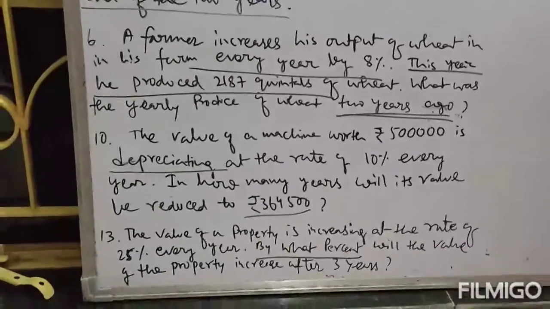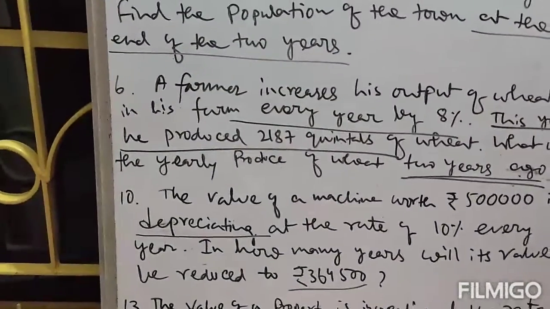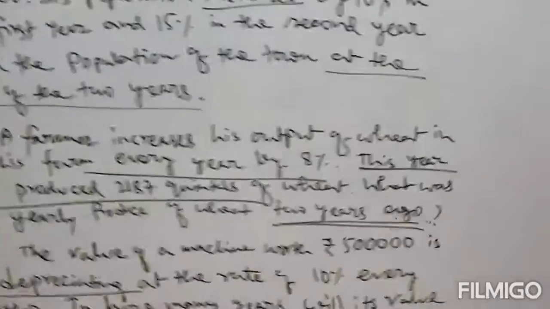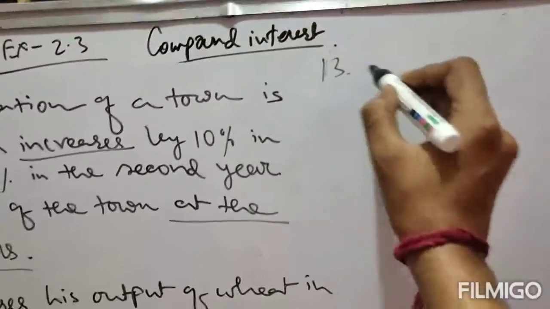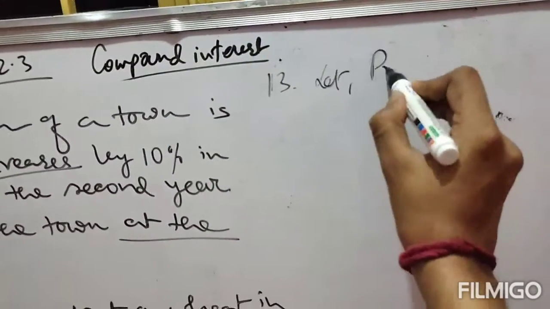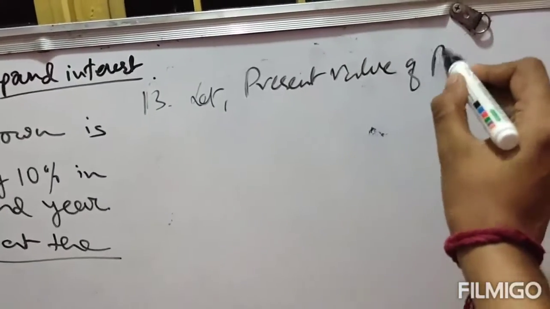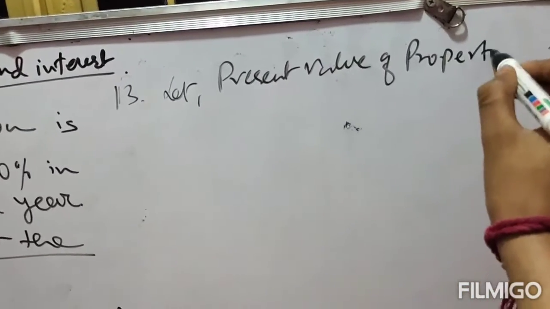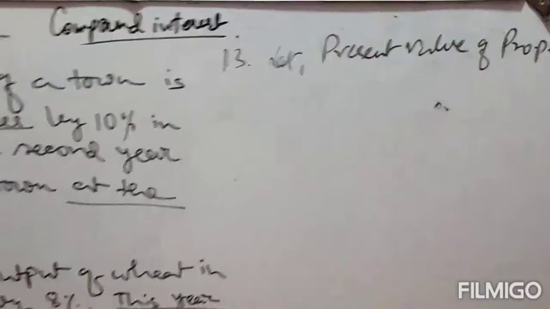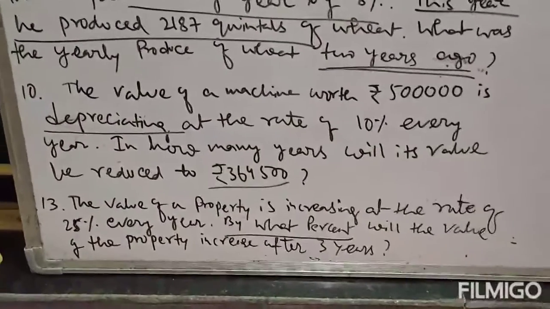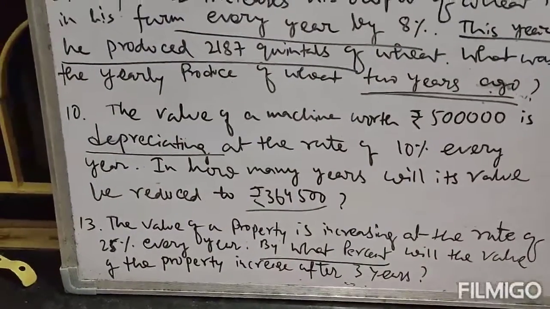We don't know the present value of the property, so we will assume the present value of the property as V0. Let the present value of the property equal V0. We also don't know the value of the property after 3 years.